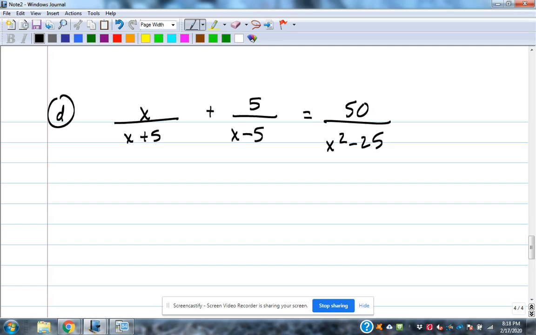All right. Lots of fives in there. But what do we got to do first? All right. Difference of squares over there. That's nice. That works out really good for our LCD. What's our least common denominator?